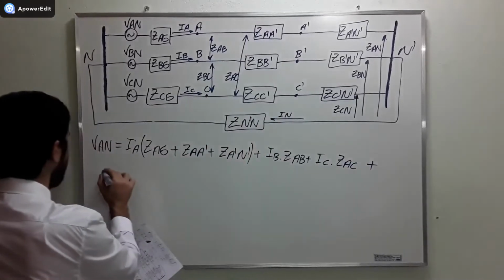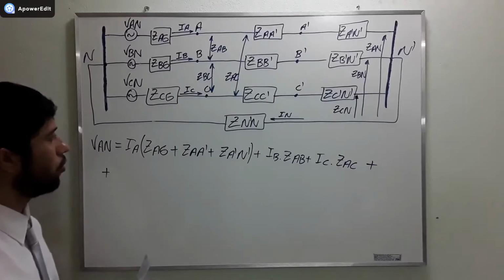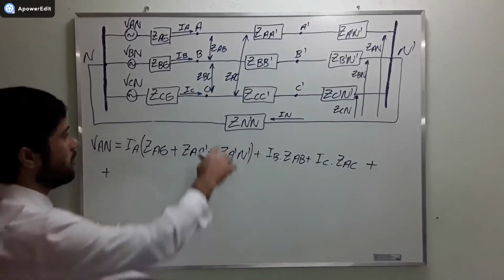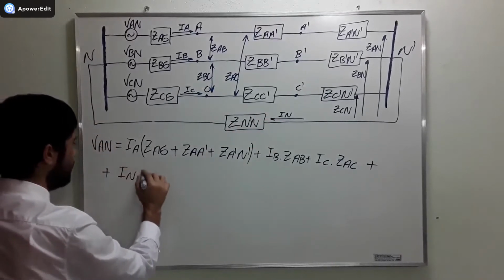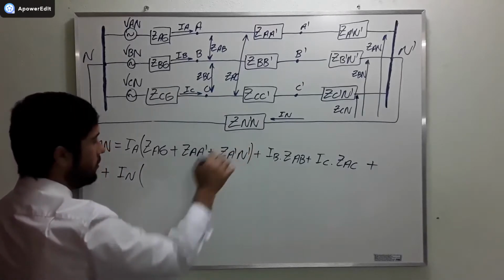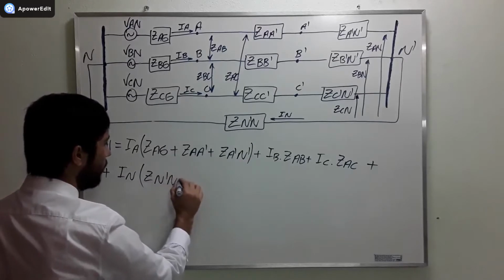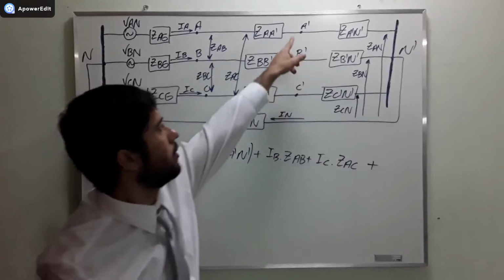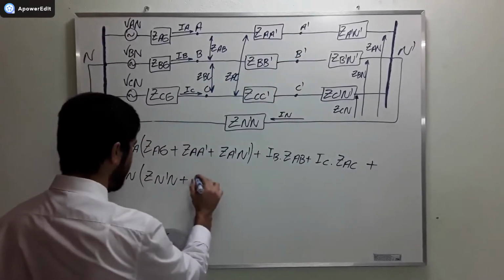Plus, now we have to compute the effect of the neutral wire. There's going to be a voltage drop here, IN times ZN'N, plus the mutual coupling between the neutral wire and line A, plus ZAN.